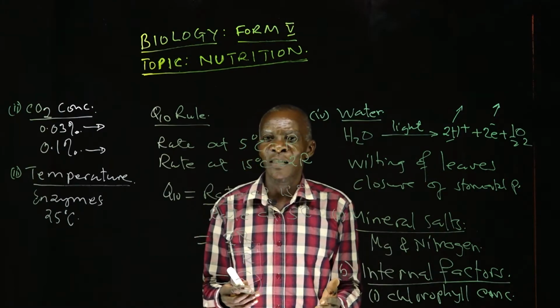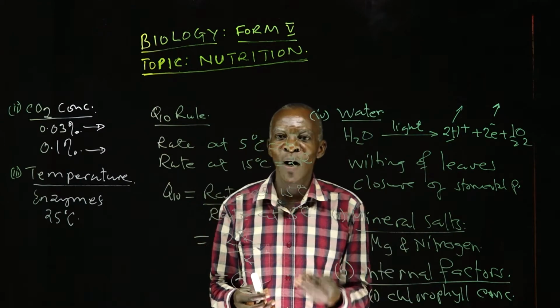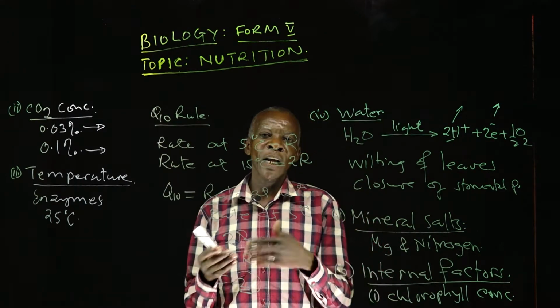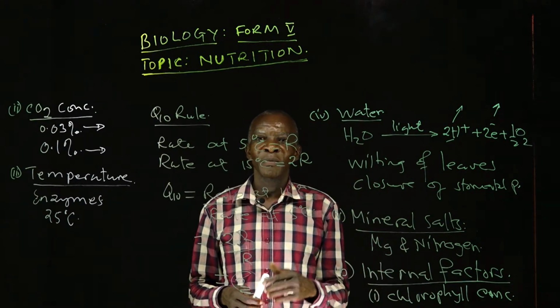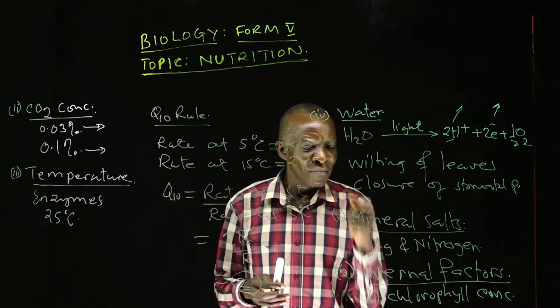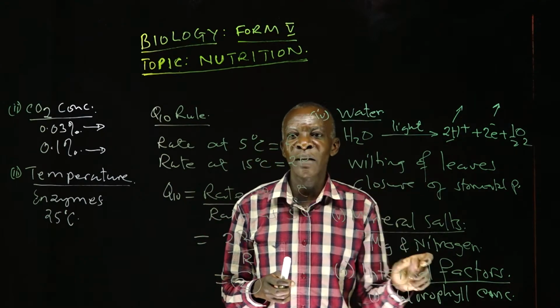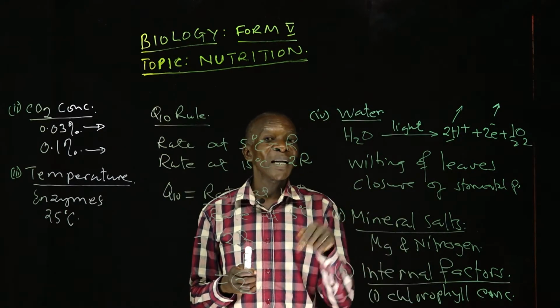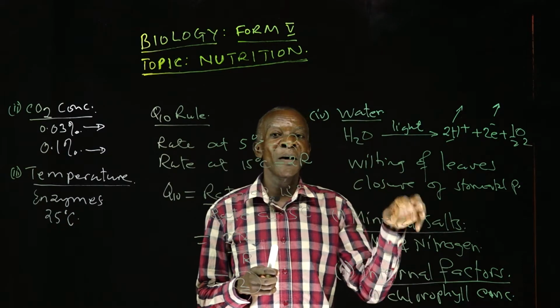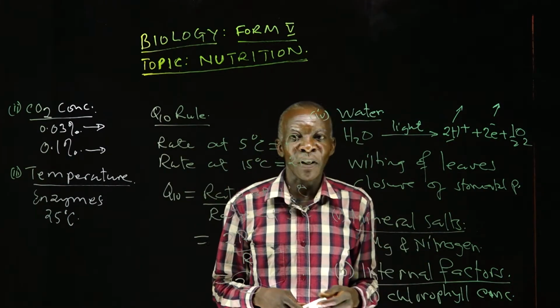Now, what factors can lead into reduced concentration of chlorophyll? One, fungal and bacterial diseases. Two, it can be due to lack of mineral salts, such as magnesium and nitrogen, which I have said are integral parts of this chlorophyll.